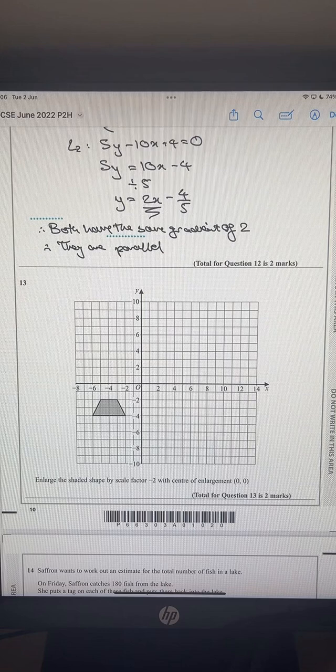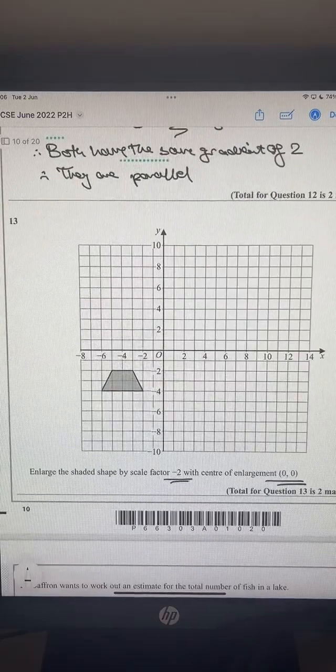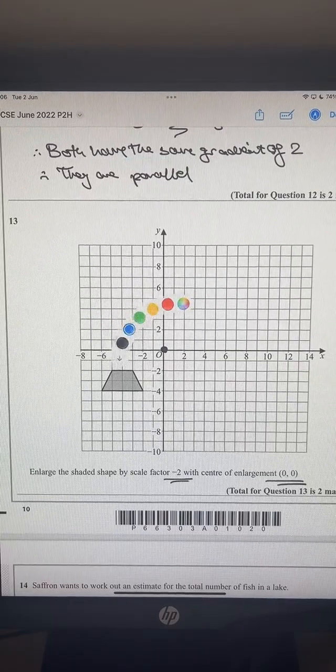Two days back. So here we need to enlarge the shaded shape by a scale factor of -2 with a center of enlargement 0, 0. So here we're just doing backwards what I said to do before. So my center of enlargement is here, 0, 0. And I'm going to do this in blue just so it's easier to see.